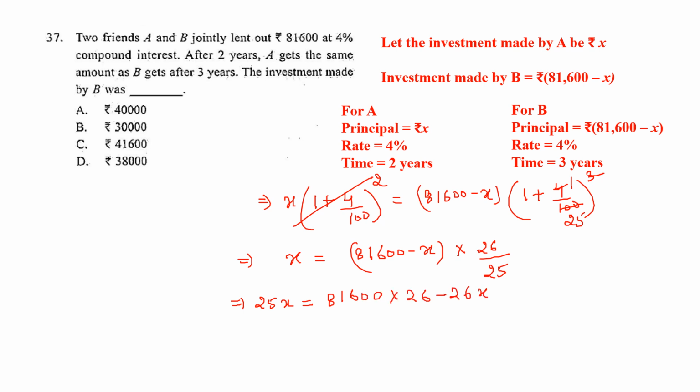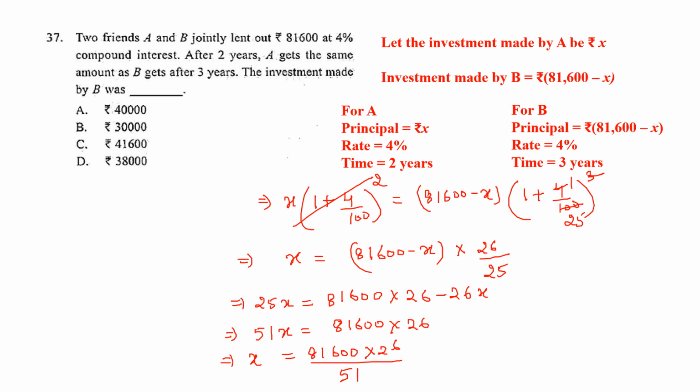And if you transpose minus 26x to the left hand side, it will become 25 plus 26, which will give you 51x is equal to 81,600 multiplied by 26. Then you have to find the value of x. So it will be 81,600 multiplied by 26 and divided by 51.